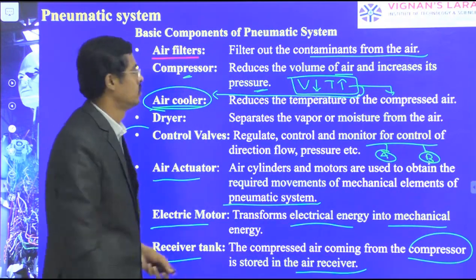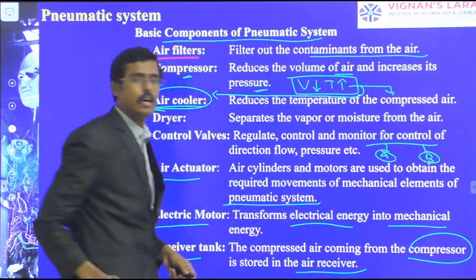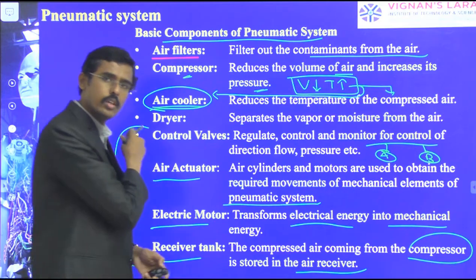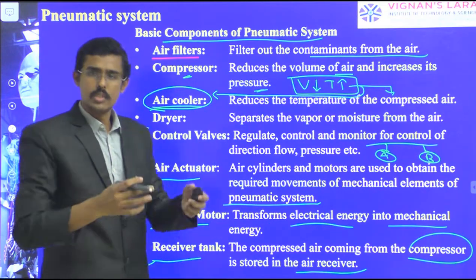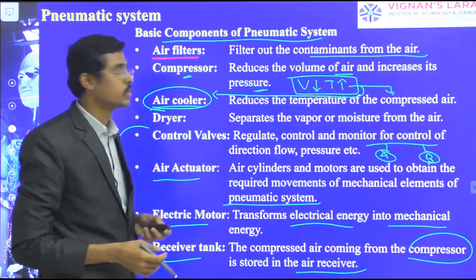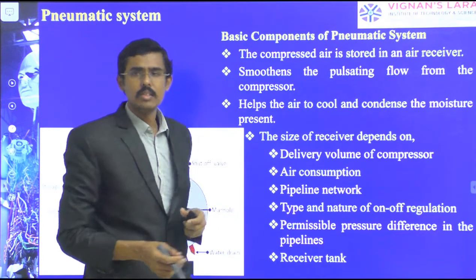So that is how we understand the components of pneumatic system, and also their functions, how it works from one end, from the filter to the movement of the object. We came to know the basic components of pneumatic system.